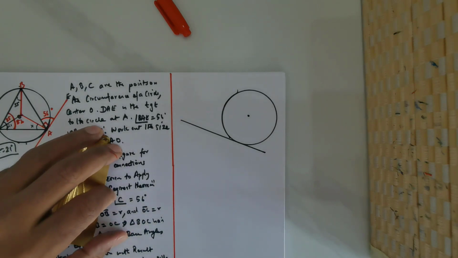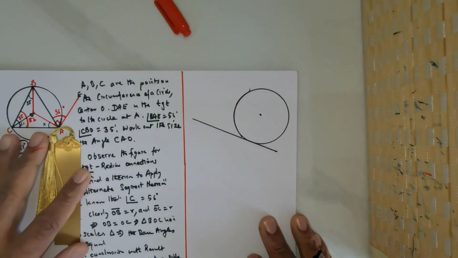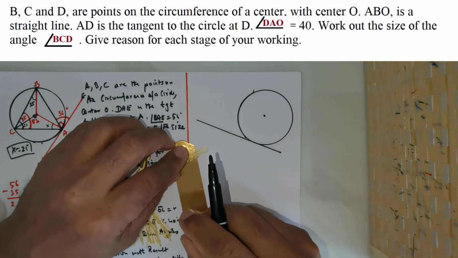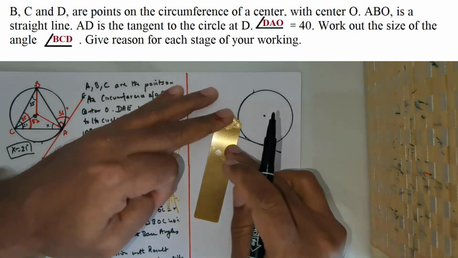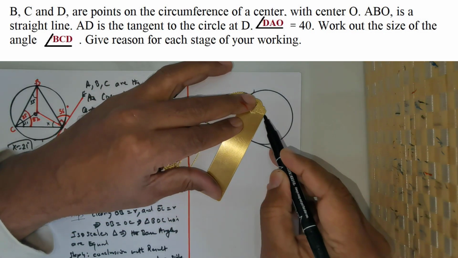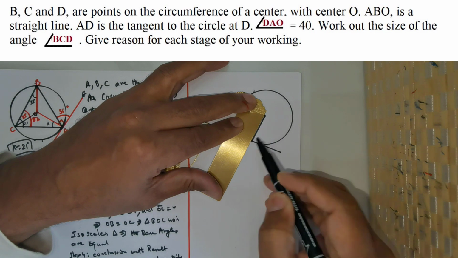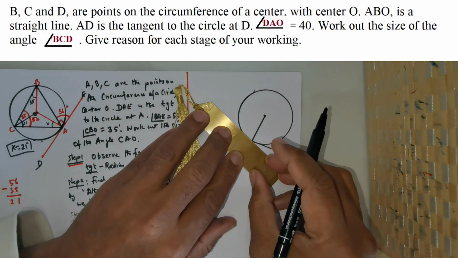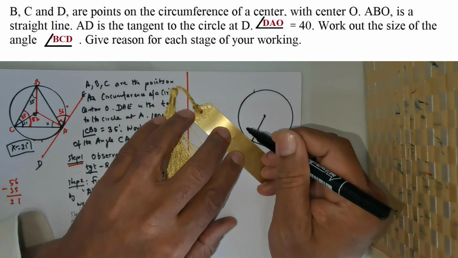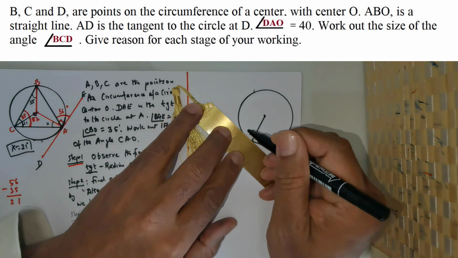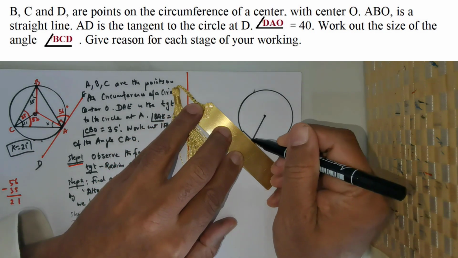Let's do this question, students. So we got a circle and there is a tangent that is hitting the circle, and from the center we have an intersection there, and then we got a chord going up from here.